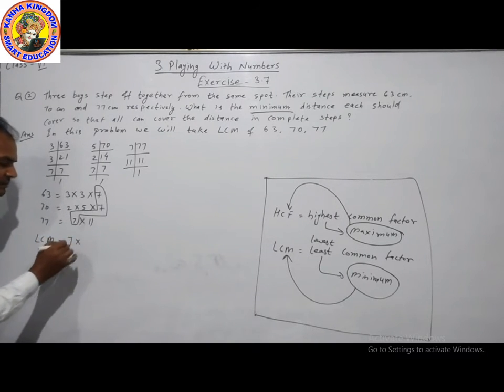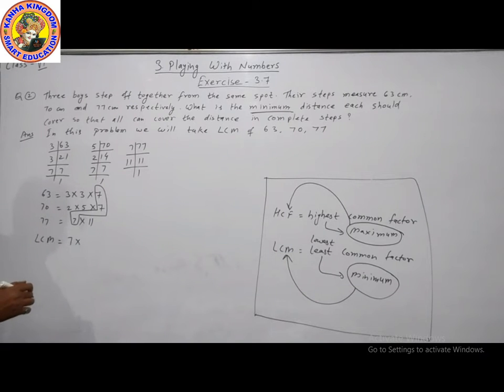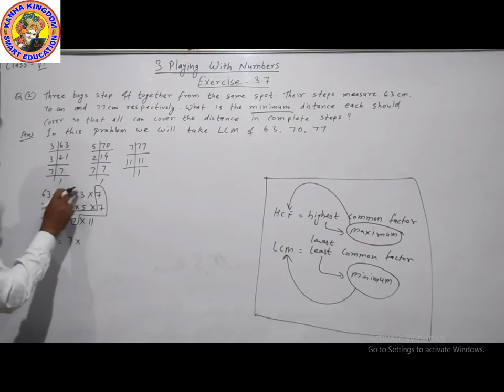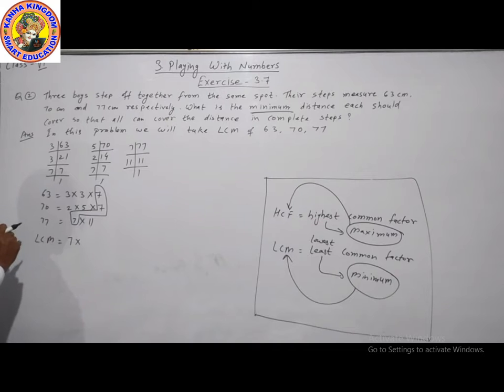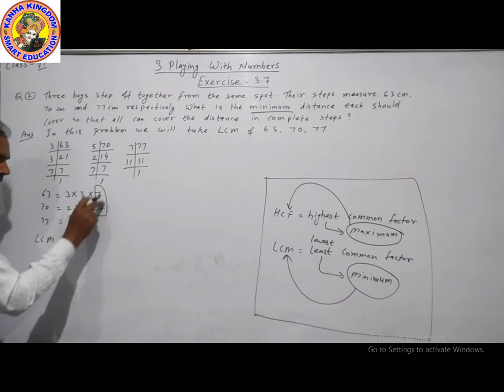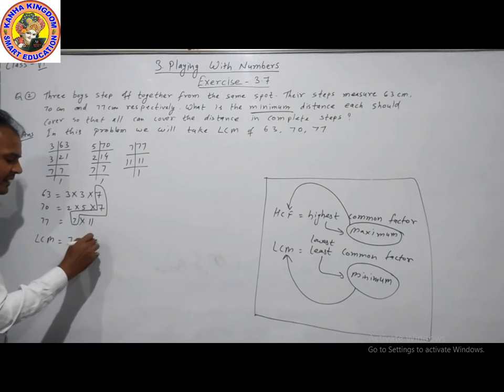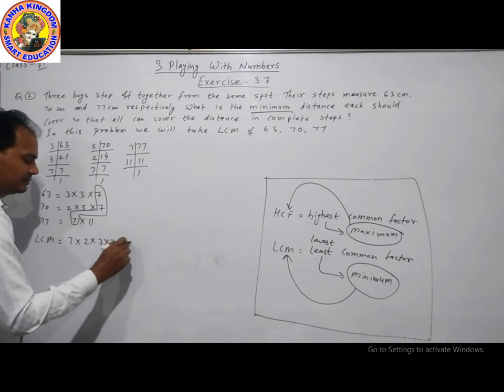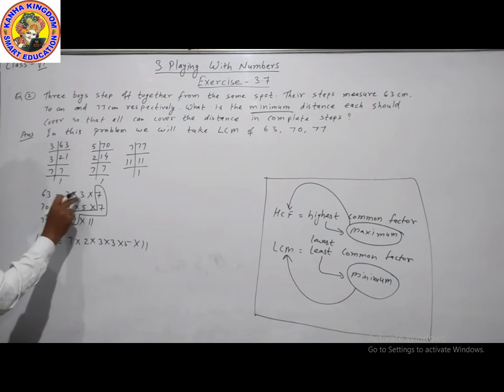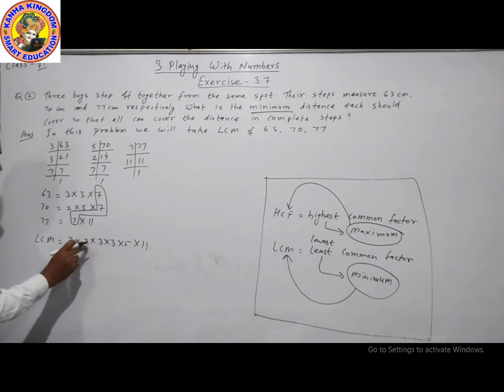This is 7. Now take common in the others. There is no pair of common factor, so we will take the factor a single time: 3, 3, 2, 5, 11.